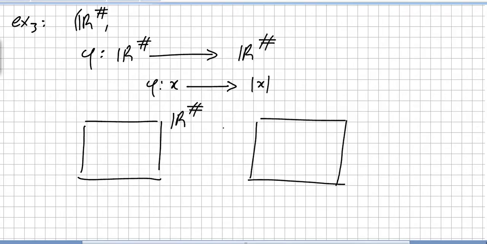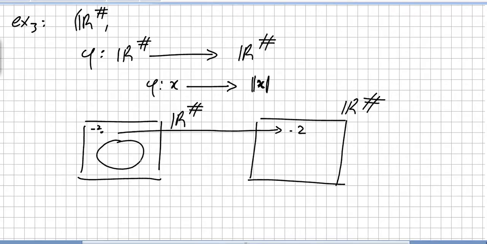We have the non-zero real numbers here too. Every single number here, for instance -2, will end up here in 2, because that's the absolute value.